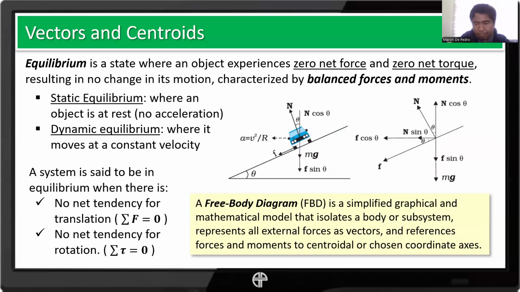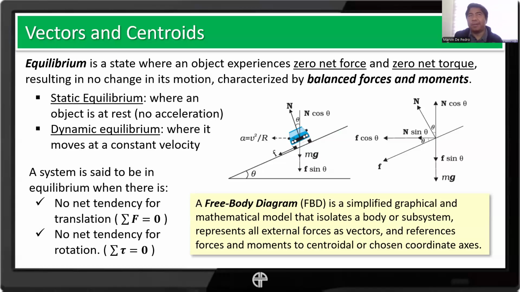We can further distinguish equilibrium as either static or dynamic. When we say static, the object is at rest. Okay, meaning there's no motion, no acceleration. But when we say dynamic equilibrium, the object is moving but at a constant velocity. So there is still no acceleration.